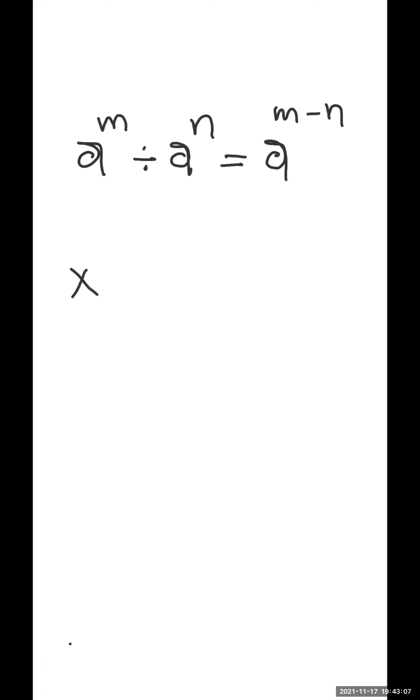If I'm dividing two terms with like bases, a to the power m divided by a to the power n, simply here it will equal a, but we subtract the powers, m minus n. Yes, so this means x to the power 6 divided by x to the power 2.